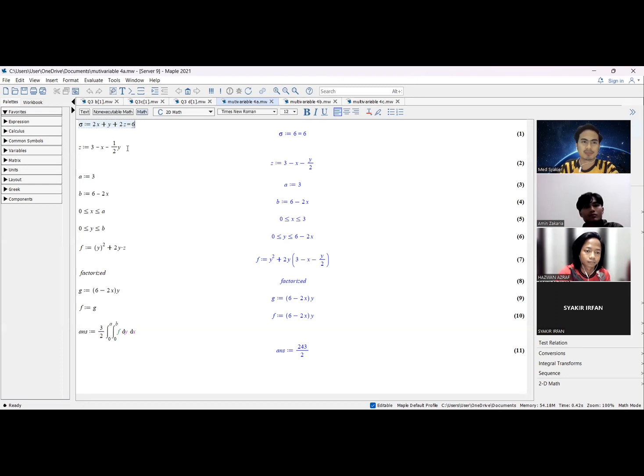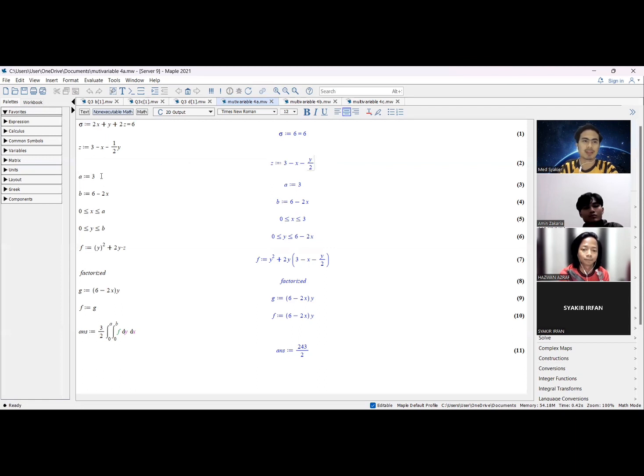And then we type z equal to 3 minus x minus 1 over 2 y. And then we also get the answer, which is 3 minus x minus y over 2.